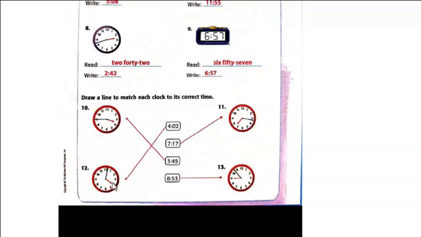The short hand here was at 4 and the long hand was past 12 by 2 minutes. So this will be 4:02. Okay, so draw a line here. Solve number 11 and 13 in the same way by yourself.